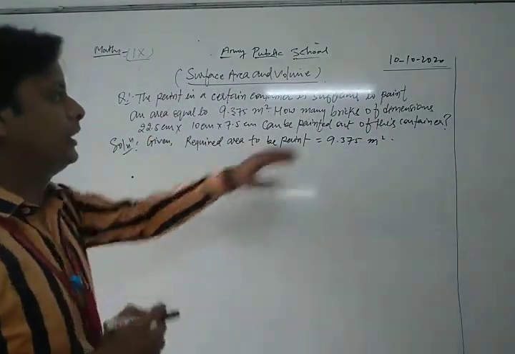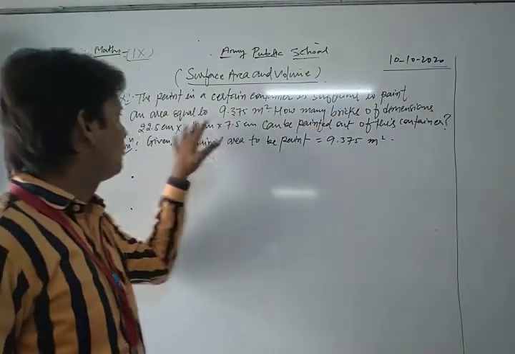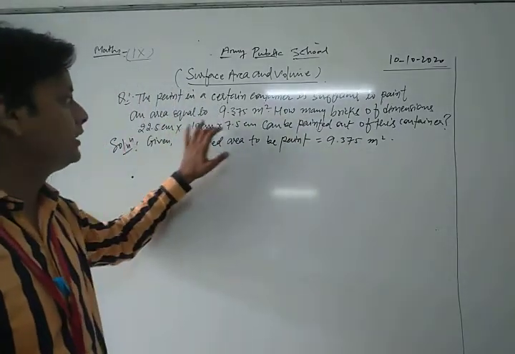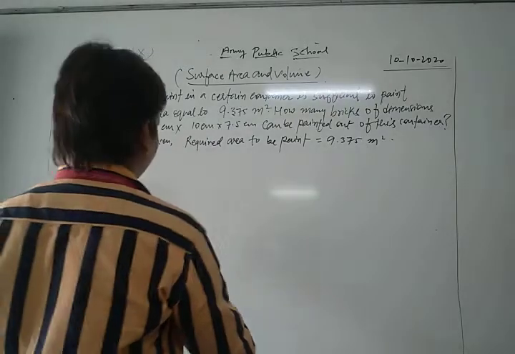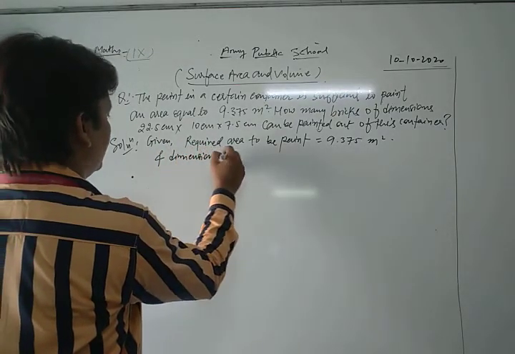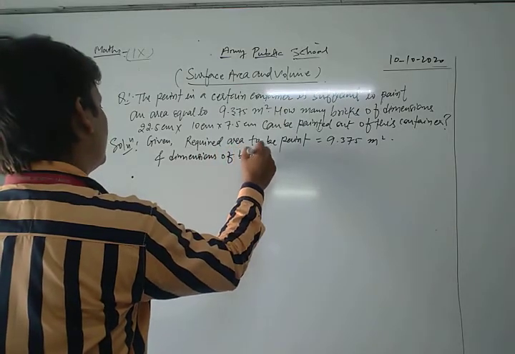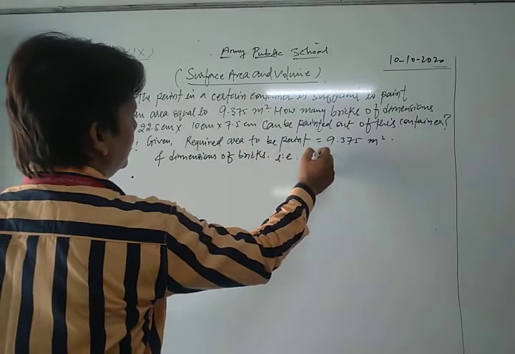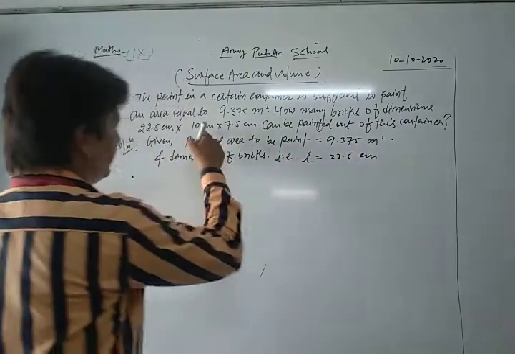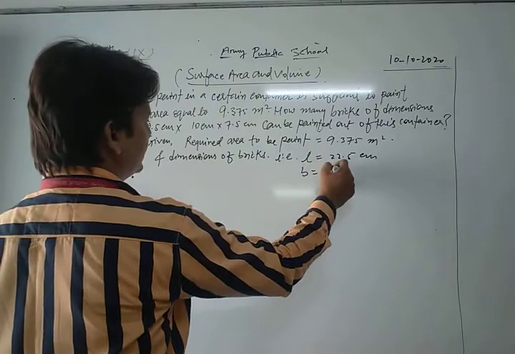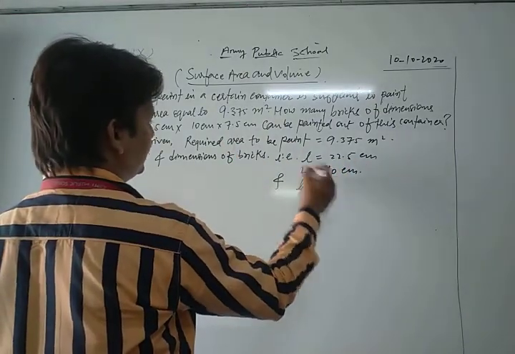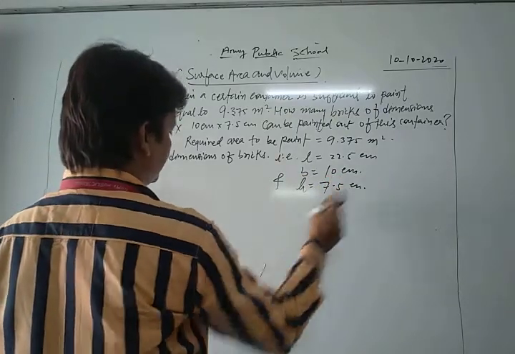And here we have the dimensions of bricks. Dimensions means this is length, this is width, this is height. That is, length of the bricks is 22.5 centimeter, breadth of the bricks is 10 centimeter, and height of the bricks is 7.5 centimeter.